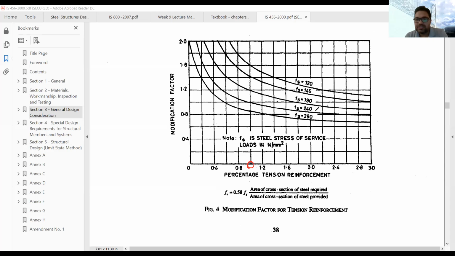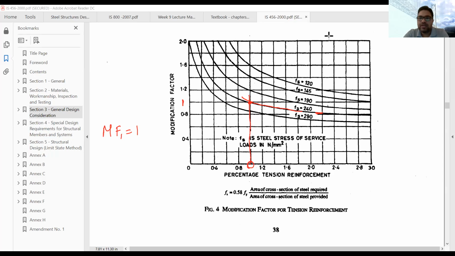You can see this is the curve of fs. The fs curve will be of 240, so this will meet here. Similarly, we see where the percentage value will bisect. It bisects here, and corresponding to that, the value of MF will be 1. So we find the MF1 value as 1.